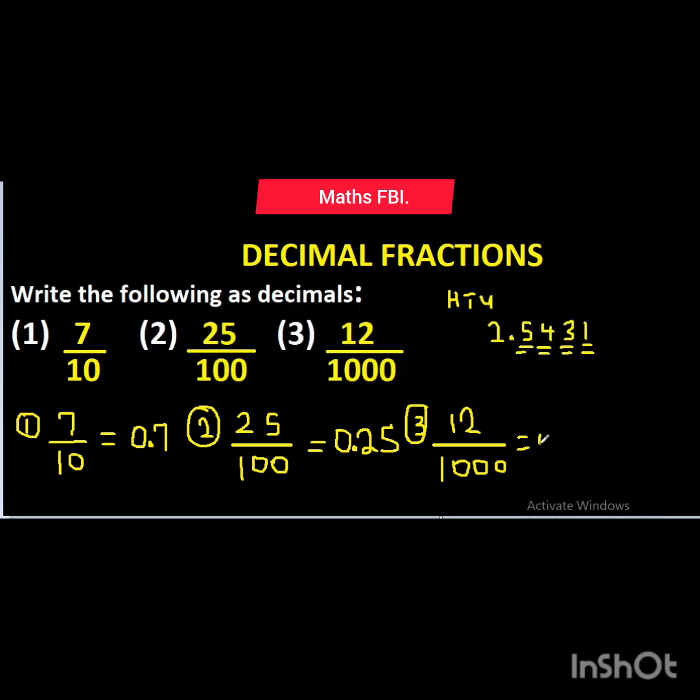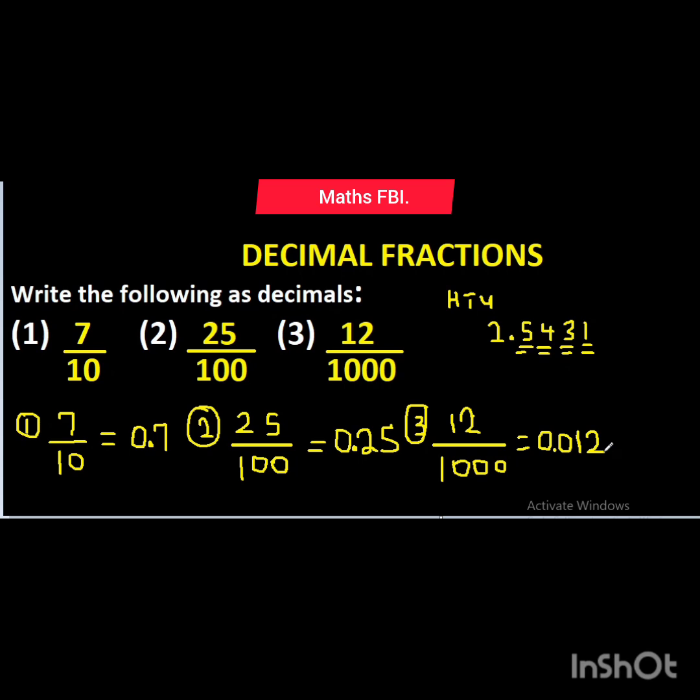Of course, we start with 0 first. Here, the first is going to be tenths. There is no tenths. Then 1 here is hundredths, and 2 here is thousandths.